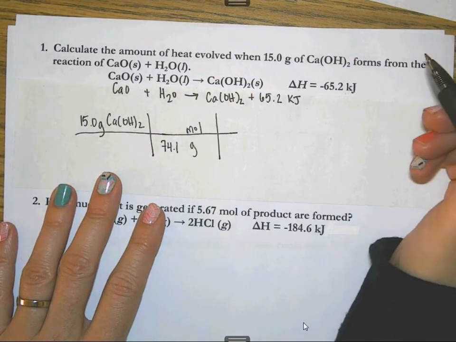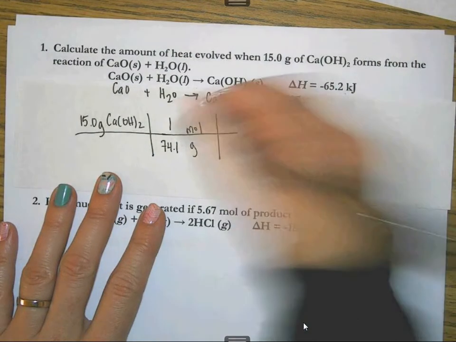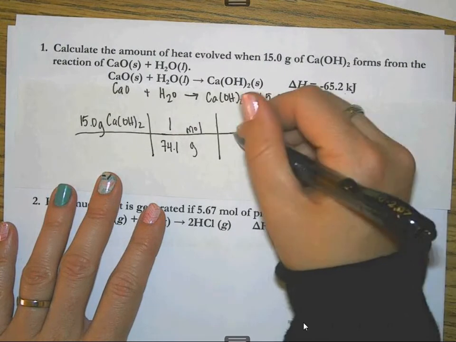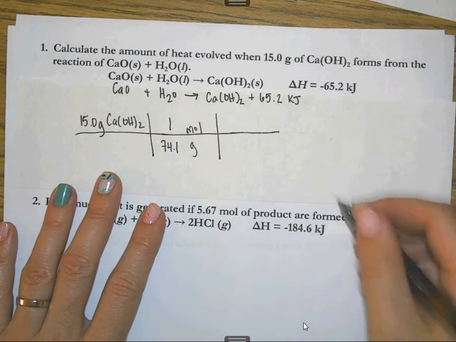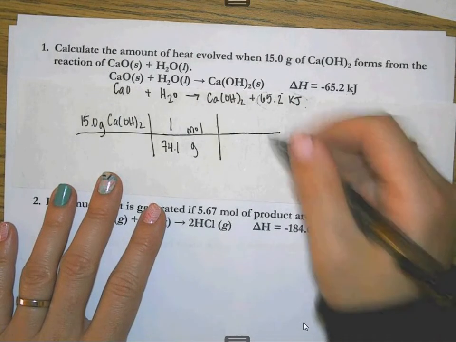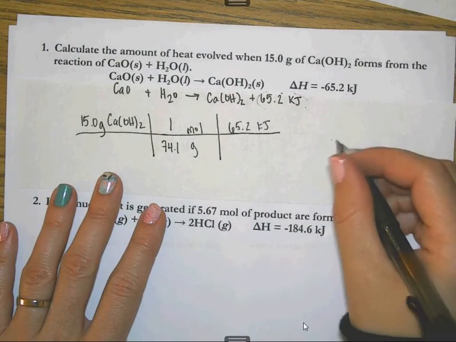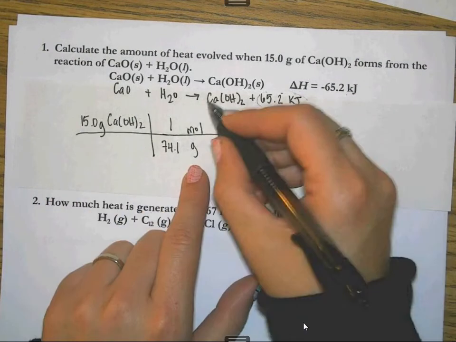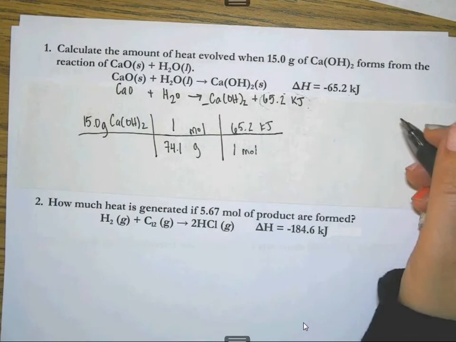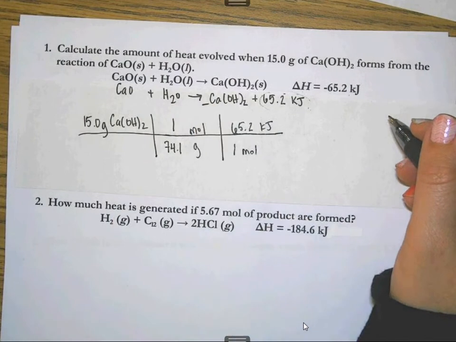and I presume as I'm making the video that you already know how to convert grams to moles, and that you know how to calculate the molar mass of a substance. There are 74.1 grams of calcium hydroxide in 1 mole based on the periodic table masses. Then, once I've got that far, I know that up here there's 65.2 kilojoules of heat produced for every 1 mole of calcium hydroxide.